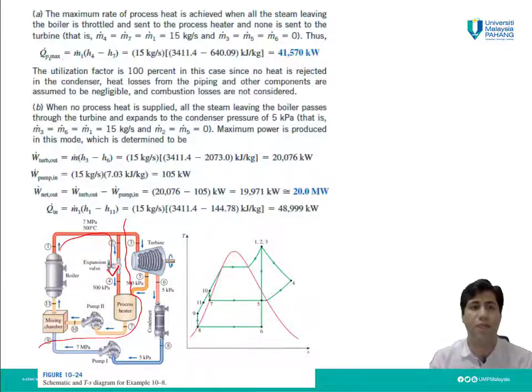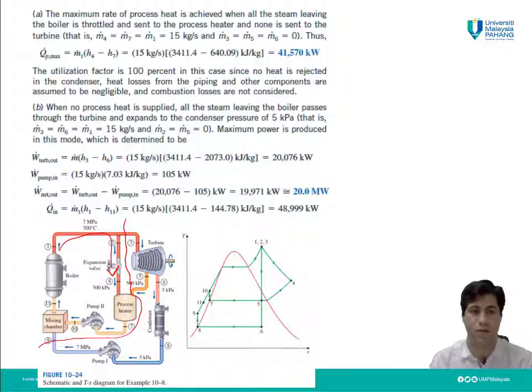Then Q dot P max, the maximum process heat which we can get from this cycle, is equal to m1 times h4 minus h7. Why m1? Because all of the steam is passing through the process heater.